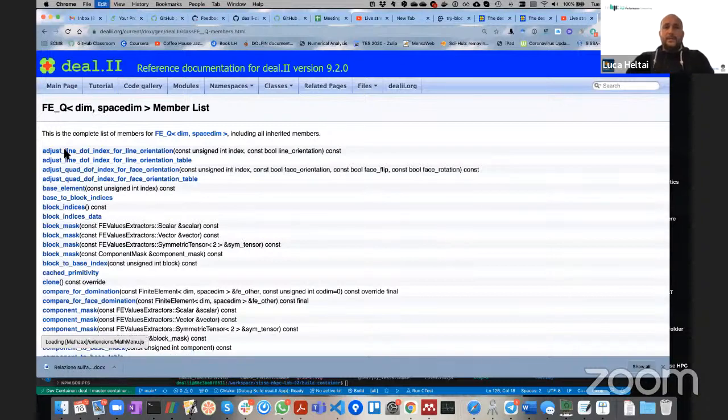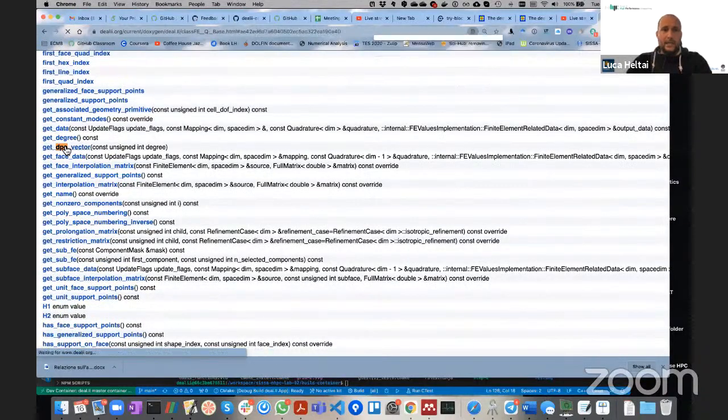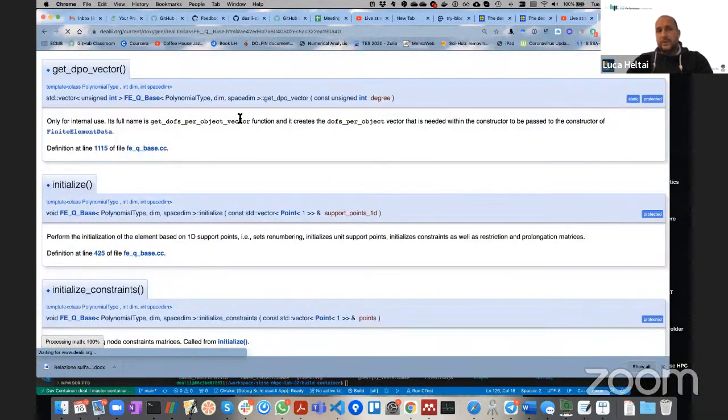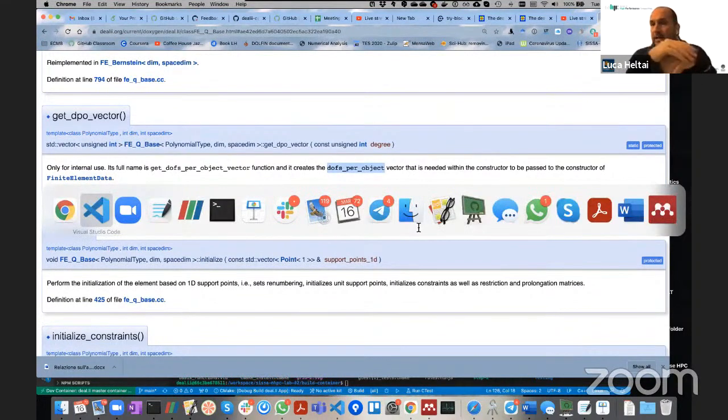The get_dpo_vector function is what will be returned exactly as we discussed today, only for internal use of course. Its full name is get_dofs_per_object_vector, and it creates dofs per object vector functions. You cannot access this thing directly, but you will understand exactly how it is used in the Lagrangian case that we discussed today. In the Lagrangian case, this is usually annotated.